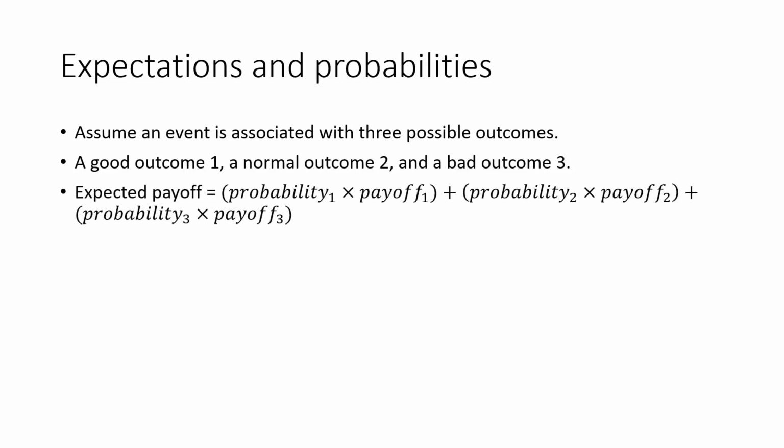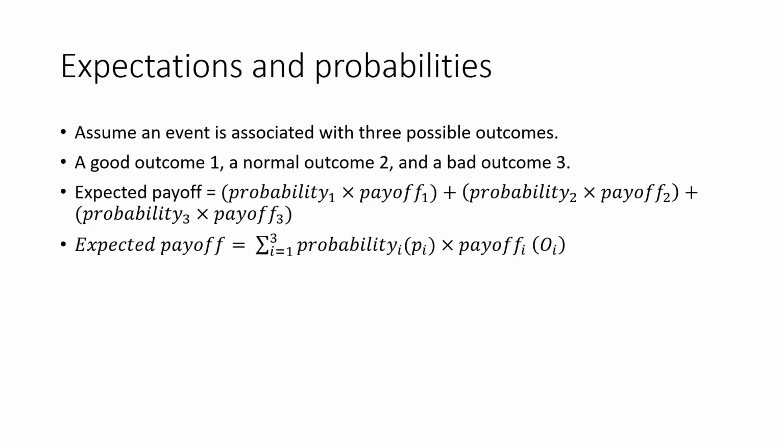So the expected payoff then would be the probability of outcome 1 times the payoff from outcome 1, the probability of outcome 2 times the payoff from outcome 2, and the probability of outcome 3 times the payoff from outcome 3.